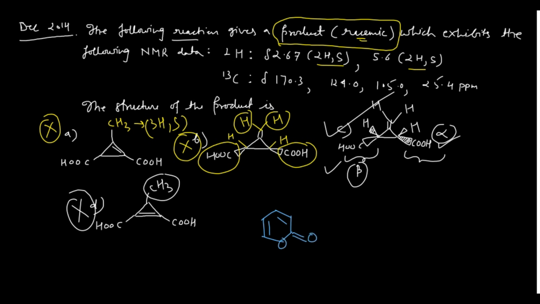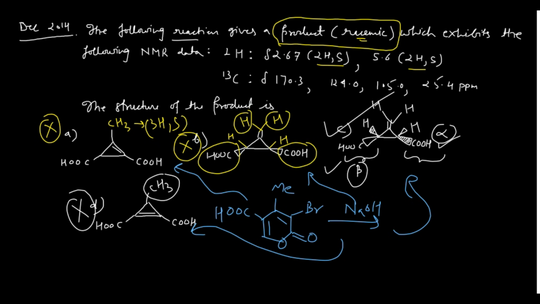So this was the ester, just like that, and here the substitution of the bromine, and here also the substitution of the methyl, and here also the substitution of the acid. I hope it was acid actually, right? Like that. And you have heated this compound with NaOH. So this is producing these compounds actually. So you have to select the racemic one. So option C is the correct answer in that case.